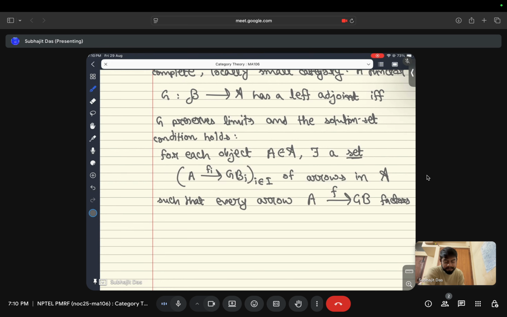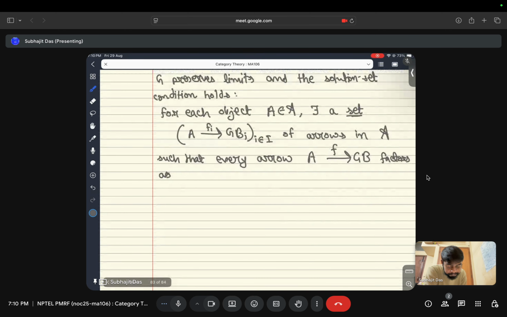So factors as, yeah, so what you have is A to GB, A to GBi, right? So from Bi to B you should have an arrow, right? Yeah, because this is your weakly initial set. Let's say this is F prime.